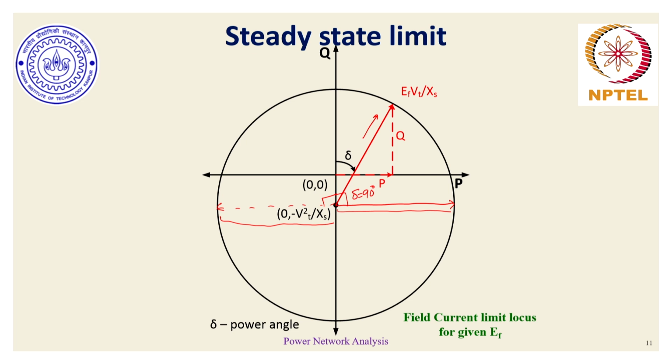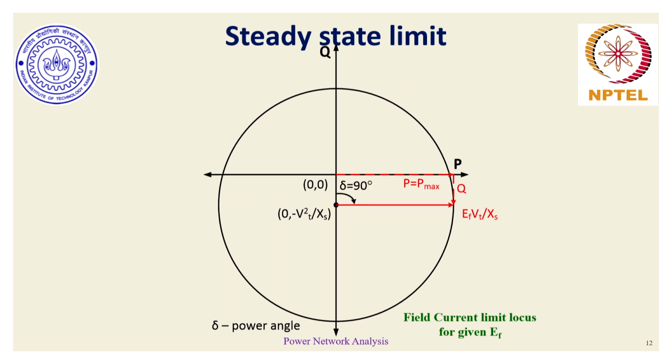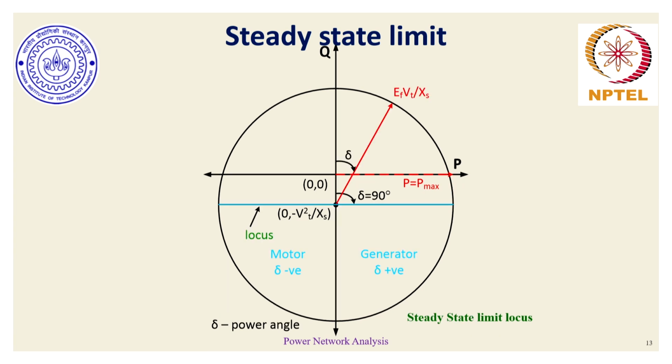So if we understand that having defined the angle delta, delta equal to plus 90 for generating mode and delta equal to minus 90 for motoring mode defines the steady state limit, then essentially this blue line is the locus line, which is the steady state limit. Now, is there a way to have a numeric equation which defines this blue steady state limit?